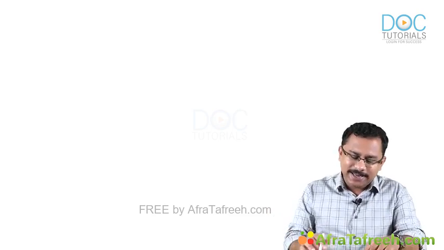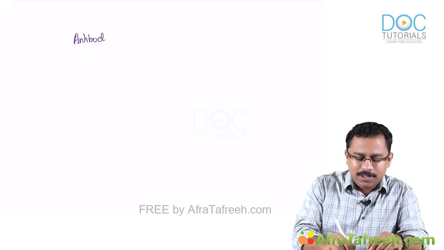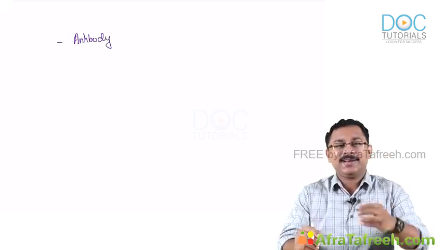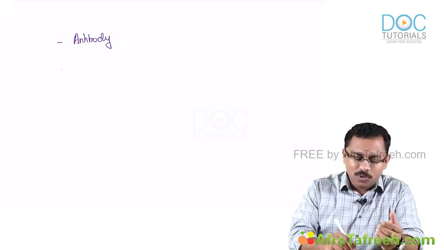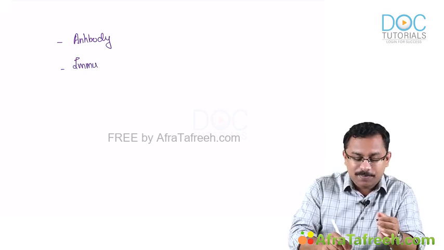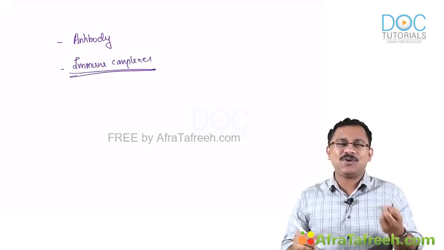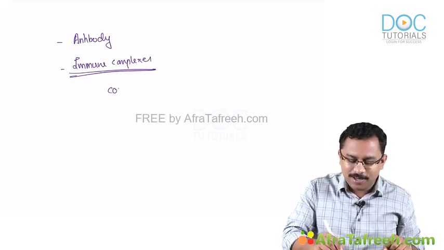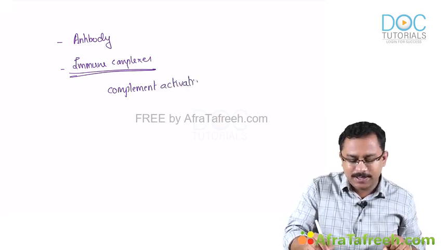In the immune mechanism, it can be antibody mediated attack to the glomerulus, whatever component it may be. It could be antibodies forming immune complexes, which is again the most important one. And because immune complexes are formed, there may be complement activation as well.